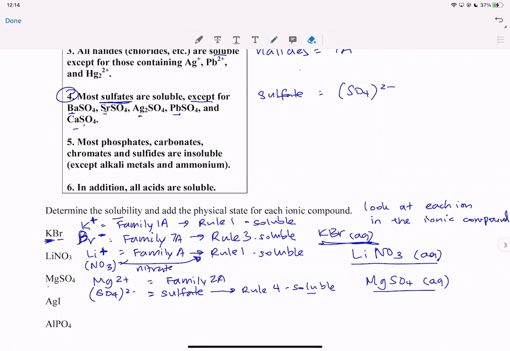Okay, so next let's take a look at the Ag and I. This is Ag plus, that's silver. And then there's I minus, which is iodide, which is in family 7A. There's no rule for silver up here.